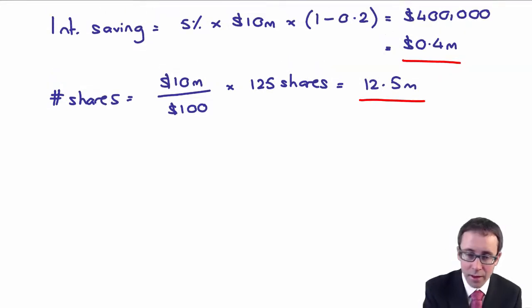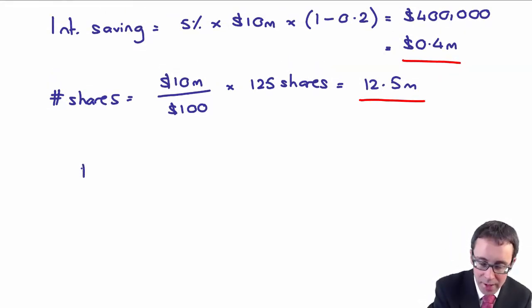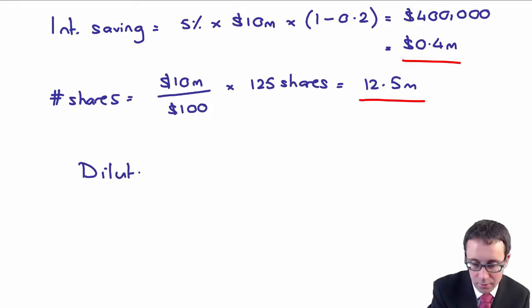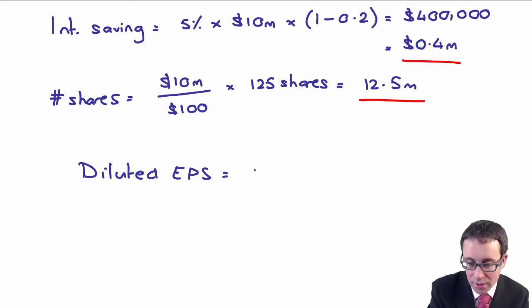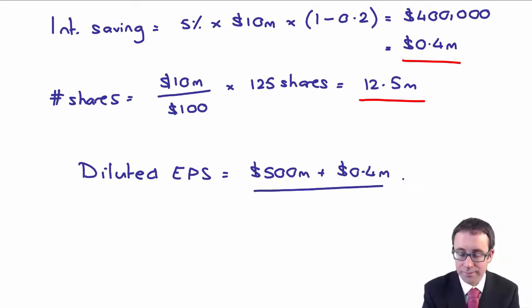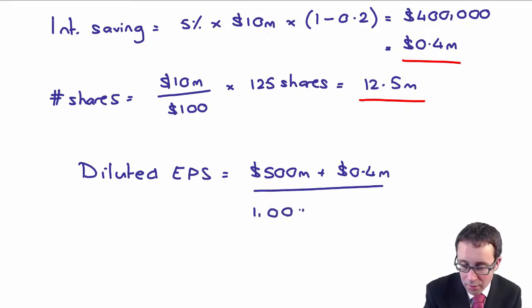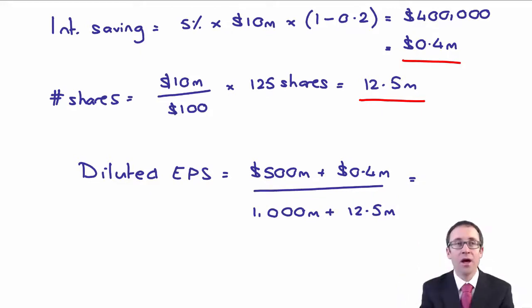So to work out your diluted EPS, it takes your original earnings of $500 million, adds on $0.4 million. The original number of shares in issue was 1,000 million, to which we add on 12.5 million. Tap that in on your calculator.